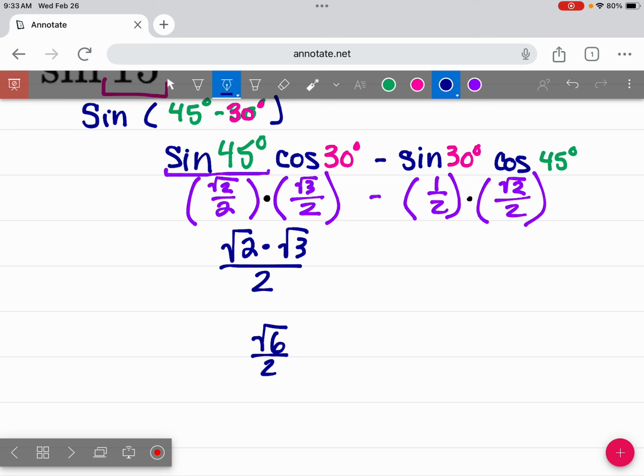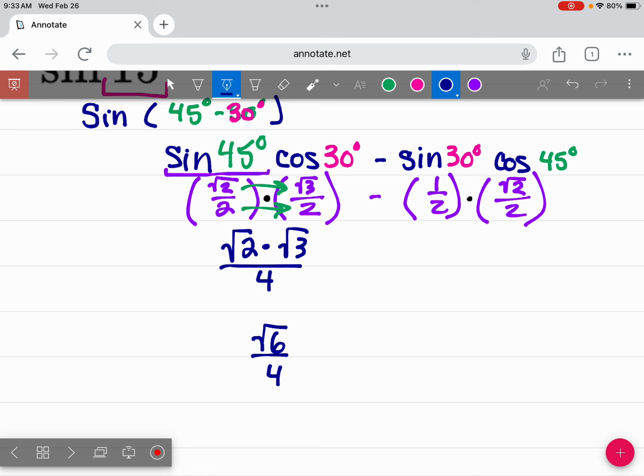Wait, can that be over 4? Yes, over 4. Excuse me. Because we multiply across. So multiply those guys, multiply those guys. Yes, over 4. Thank you.